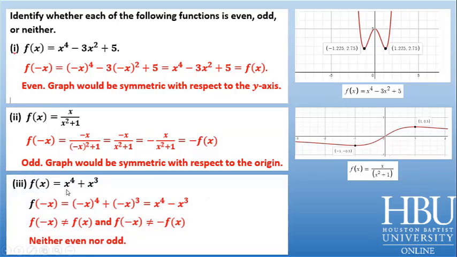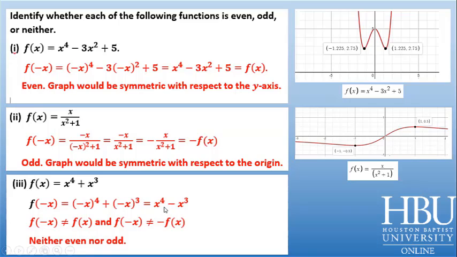Suppose f of x equaled x to the fourth plus x cubed. Then f of minus x would be minus x in parentheses to the fourth power plus minus x in parentheses cubed. The minus sign raised to an even power is positive, but the minus sign raised to an odd power is negative.